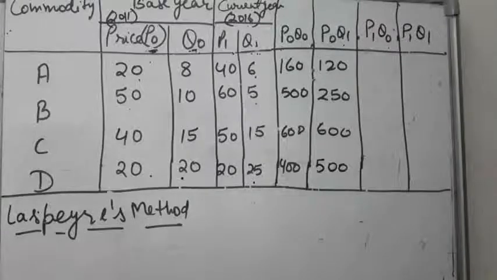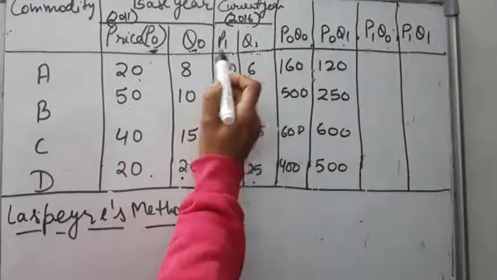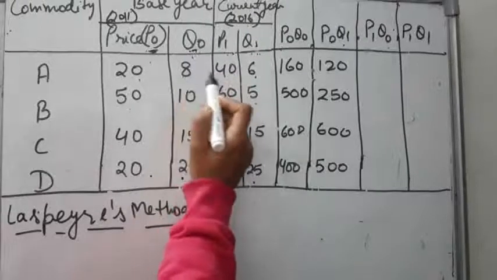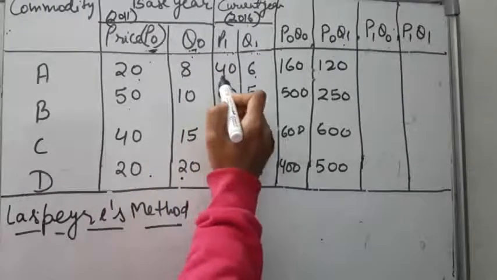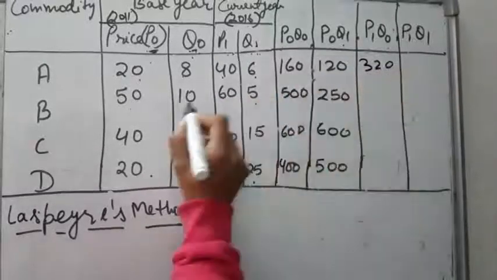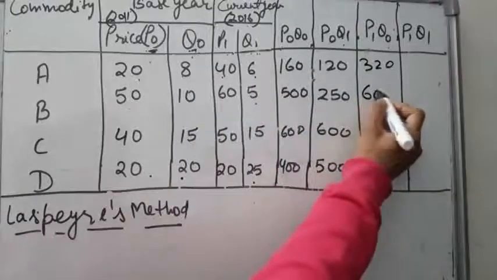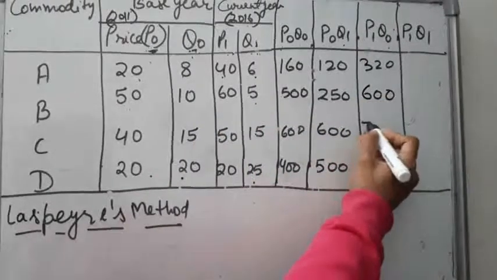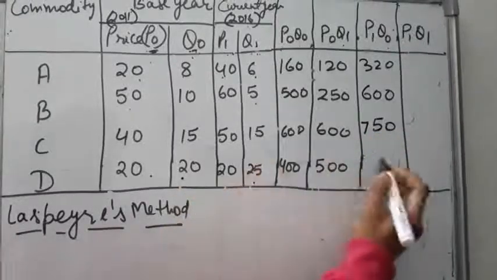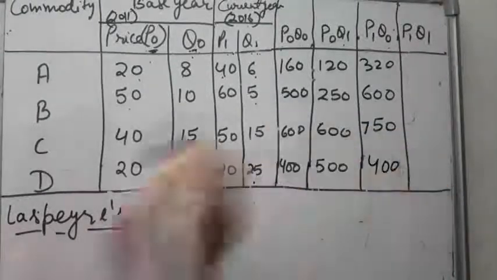Now next P1 Q0. P1 multiply by Q0, current year price multiply by base year quantity. So here 8 multiply by 40, 320, then 600, then 750, and in the last we will get 400.